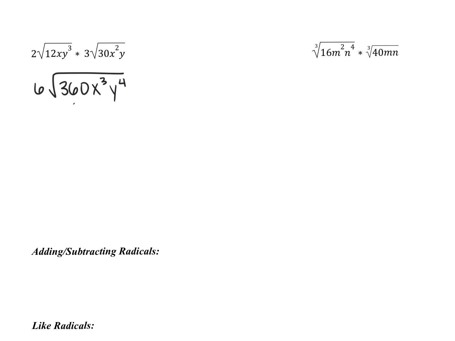So I'm simplifying it. I can break down 360 as 12 times 30. 12 I can break down as 4 times 3. 4 is 2 times 2. 30 I can break down as 5 times 6. 6 breaks down as 3 times 2. So I have a group of 2's and I have a group of 3's. So on the outside I already have a 6.